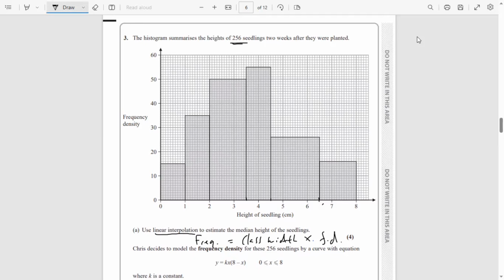We'll start with the first one. We've got a base of 1 and a height of 15, so 1 times 15 is 15.